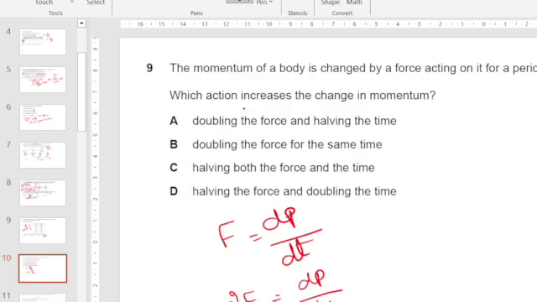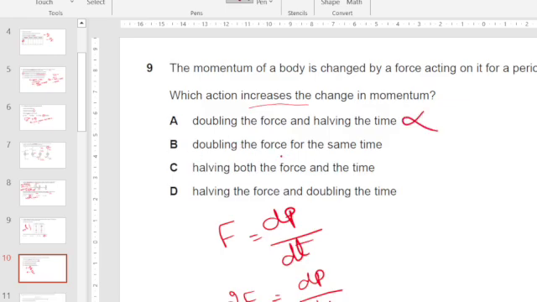Actually, which action increases the change in momentum, they are asking. So if you solve this, it will be 2 by t. So the change in momentum remains constant. If you solve this, the change in momentum remains constant means there is no change in the momentum. So option A is ruled out.